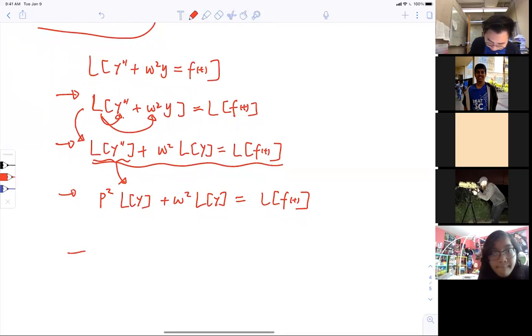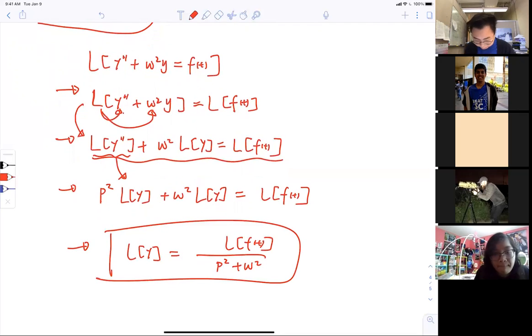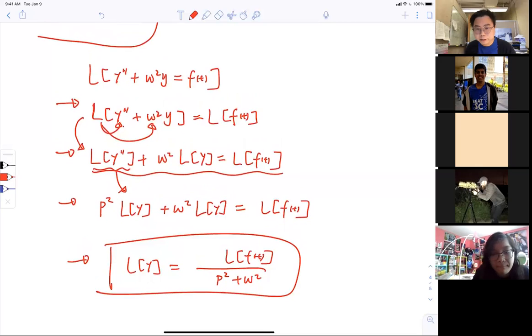So we get Ly times (p squared plus omega squared) equal to this. Any question up to this step?